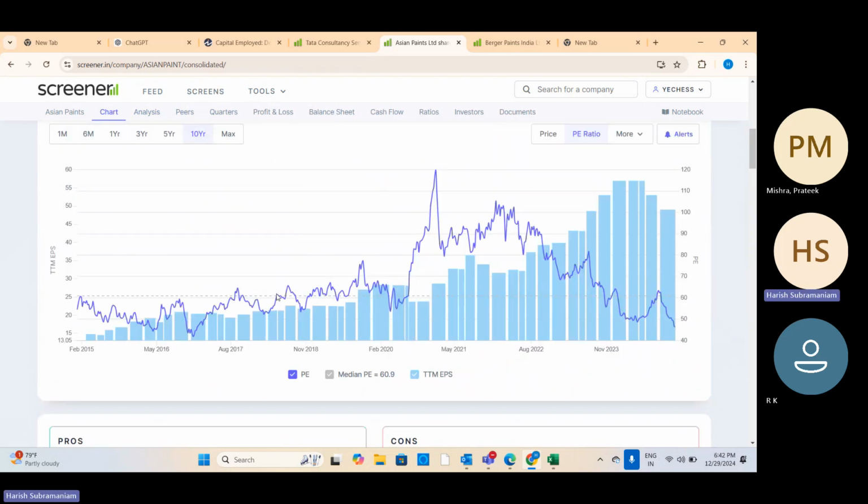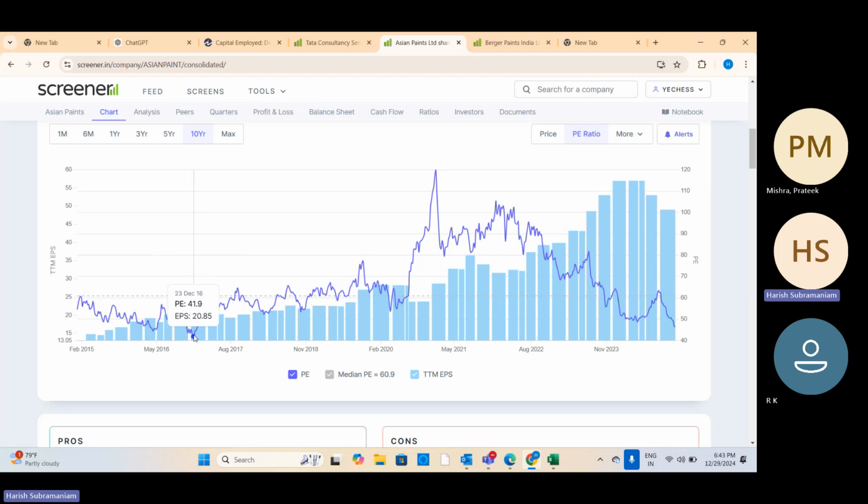So when a company is profitable year on year, we will look at those periods when the price to earnings is much lower than the mean. That is typically a good time to buy a stock. And when the price to earnings goes much higher than the mean, that is typically a good time to sell the stock.